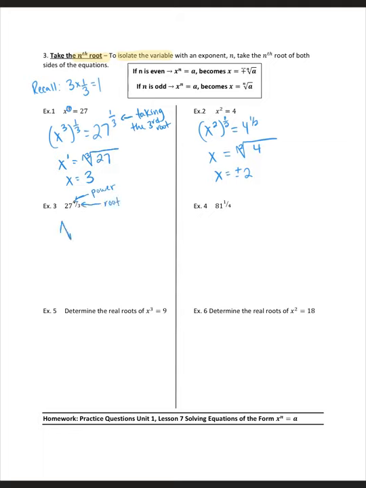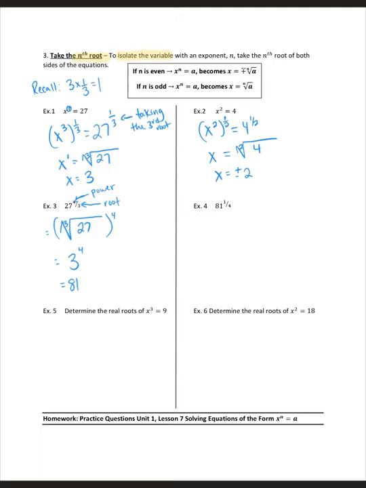So we would say that 3 is our root, so that goes in there, and the 4 is our power, so it's being raised to a power of 4 first, and then obviously the number under the radical is what we're evaluating here. So we'll take the root of 27 first. We'll deal with the bracketed part first. So the third root of 27 is 3, and then we're going to raise that to a power of 4. 3 to the power of 4 is 81.